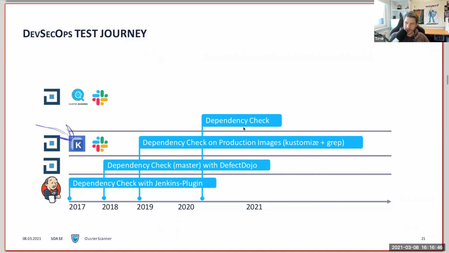That leads to some more false positives, but the increase in the false positive rate is very low. So I can accept that from my point of view. And again, the teams are getting informed through Slack.